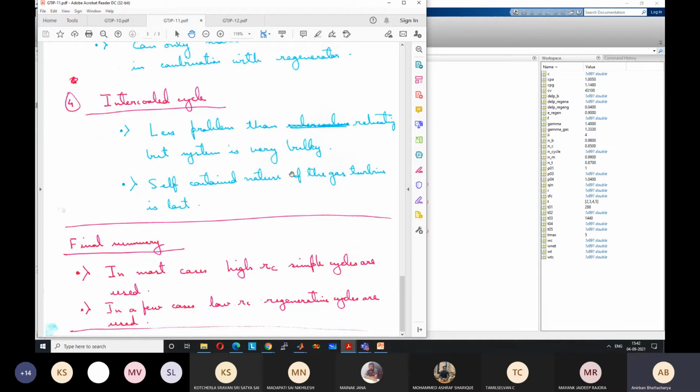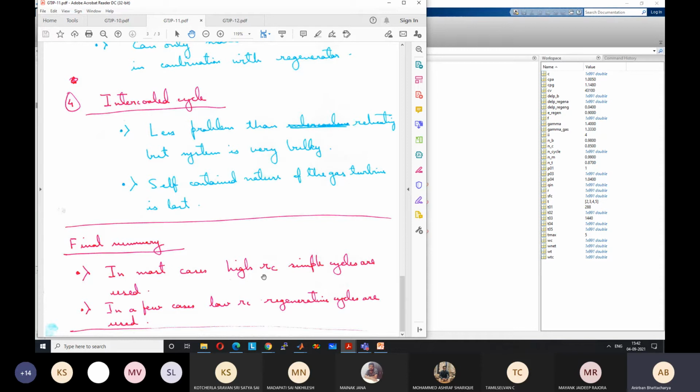But nowadays, with much better manufacturing processes, much better designs, much better cooling, all these additional devices are not required. In the simple cycle, we can achieve a very high compressor pressure ratio, and as a result, we can achieve a very high turbine inlet temperature. So the simple cycles themselves are very efficient, and in most cases, they are more than sufficient.